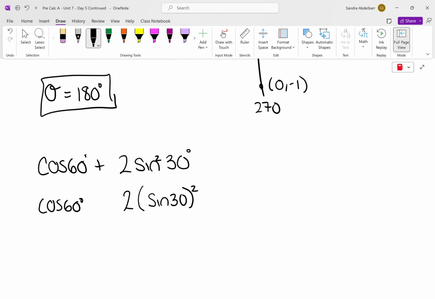And here is cosine of 60. So I want you guys right now to find the cosine of 60 and find this whole thing. So you evaluate cosine 60 and 2 times the sine of 30 quantity squared.